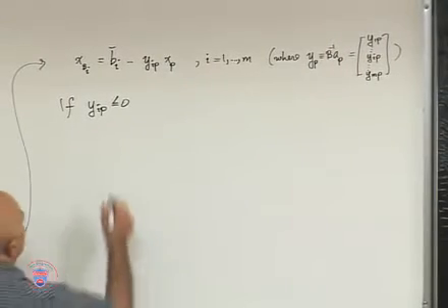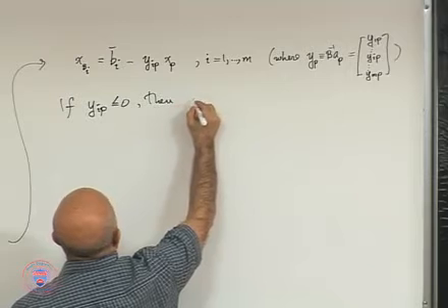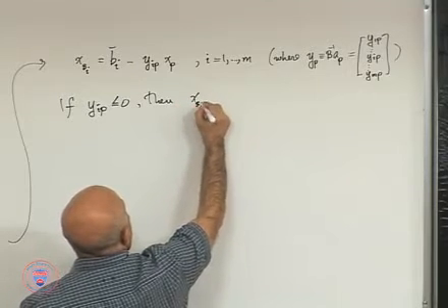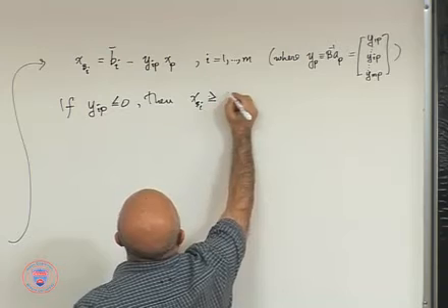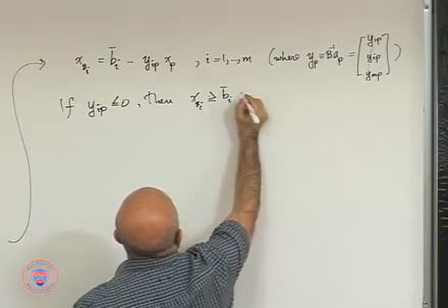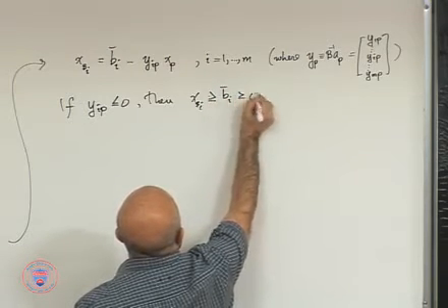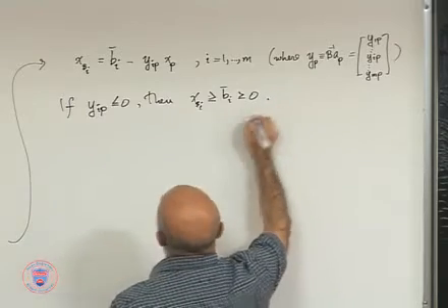So if y_ip is less than or equal to 0, then the conclusion is x_Bi is greater than or equal to the current value, which we know is non-negative. That's the situation, so there's no need to worry about these.